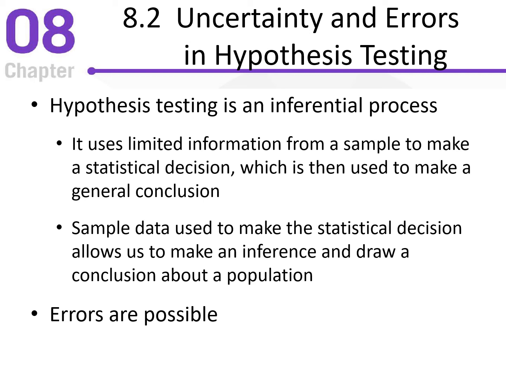And these mistakes are made because we're taking a sample and we're drawing conclusions about the population. We don't know what's going on in the population. And so it's very easy to make a mistake. We're applying these rules to our samples. And our alpha value says that there's going to be a chance that we've made a mistake with our samples in terms of what's going on in the population.